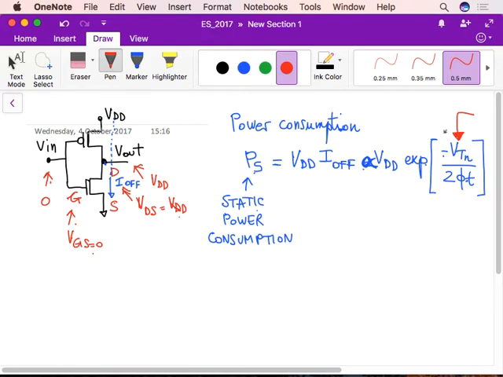So if we reduce the threshold voltage, the static power consumption increases exponentially. This is exactly the reason why we cannot play too much with the threshold voltage, because we are increasing the power consumption a lot. And the other important issue is that the static power consumption is also proportional to the supply voltage.